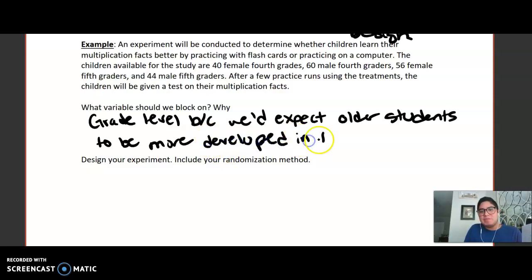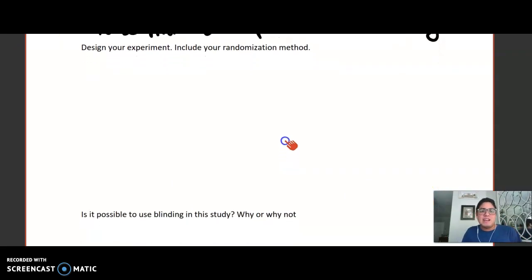We feel as though there's more differences due to grade level than there would be due to gender identity for this case. Now, if we were talking maturity, then maybe we could change it up with gender identity. But let's design our experiment.